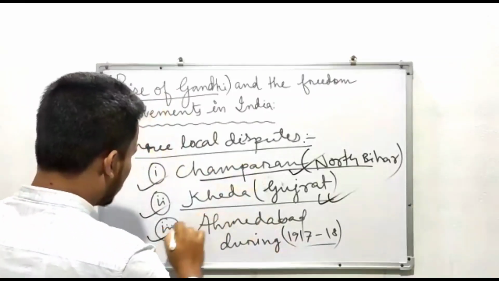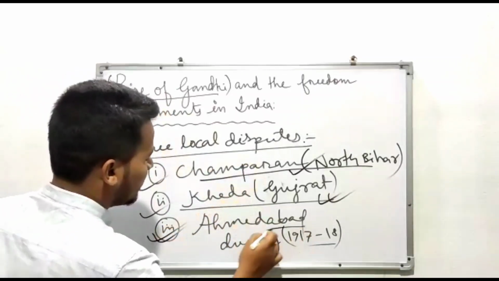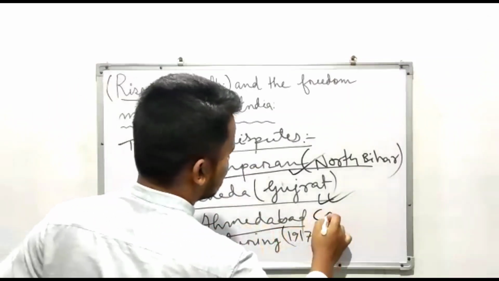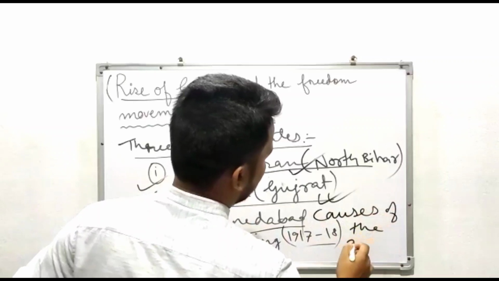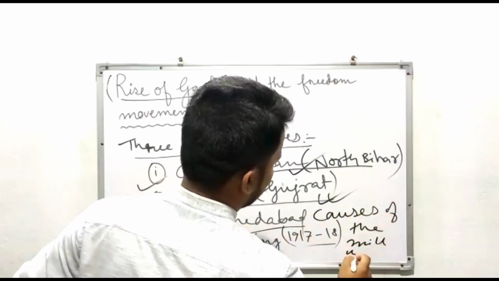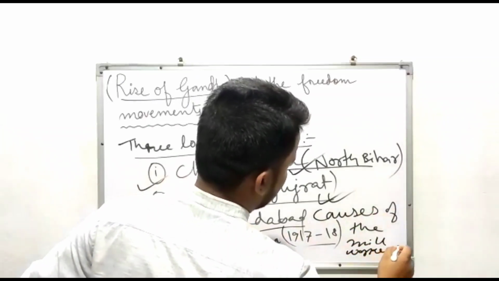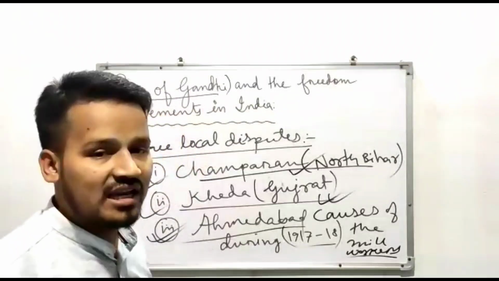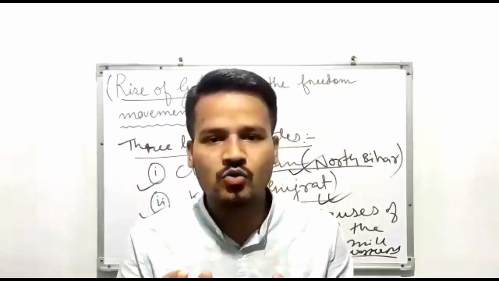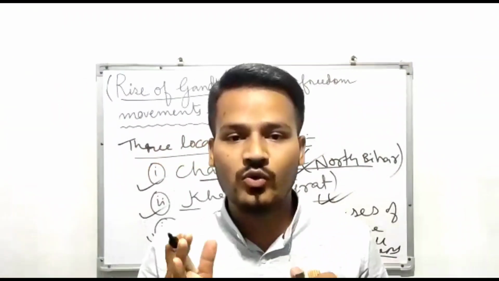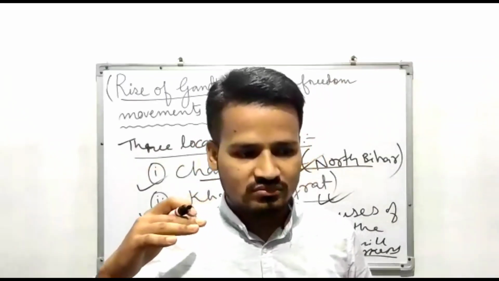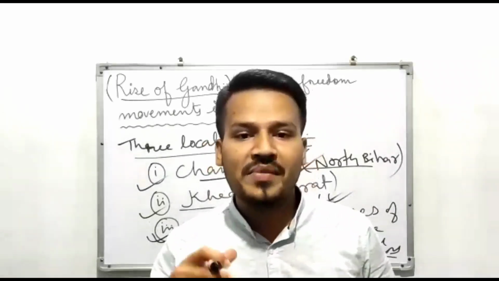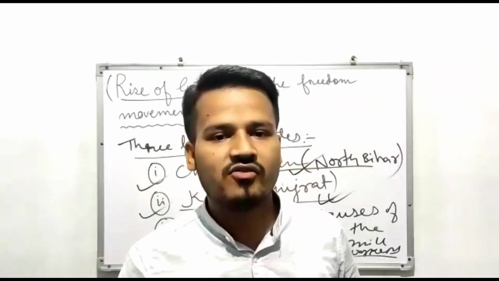Next, the last one is Ahmedabad. In Ahmedabad, he took up the causes of the mill workers against the mill owners. That means the mill workers of Ahmedabad were being exploited in a very pathetic way by the mill owners under the instruction of the mighty British.